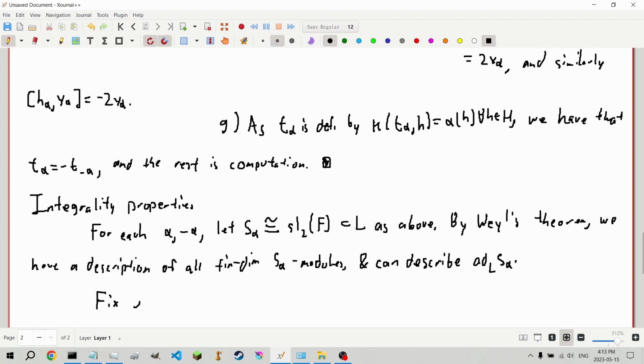So we're going to fix a root alpha in the set of roots.